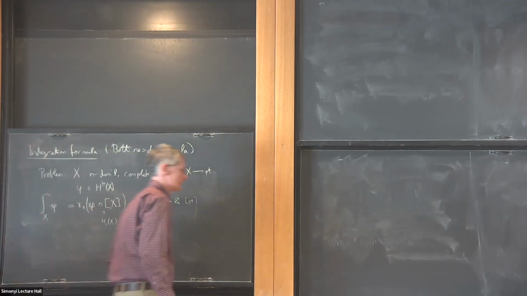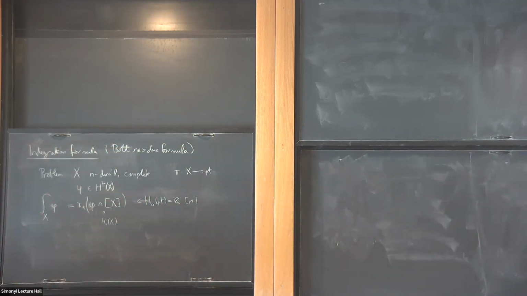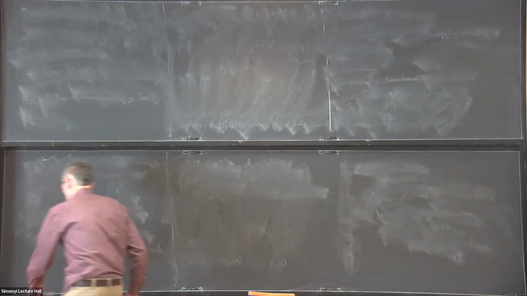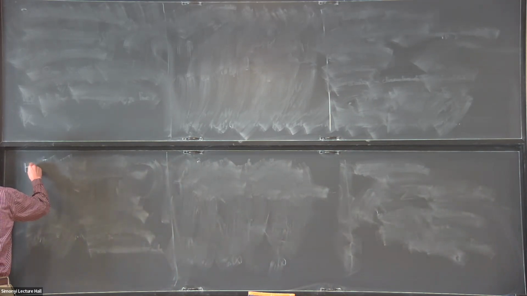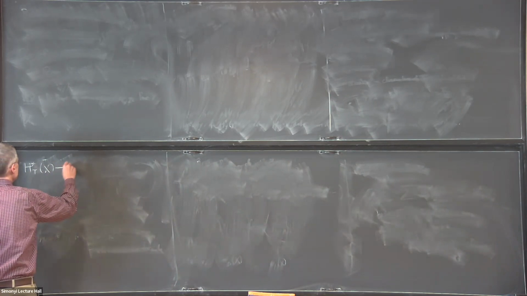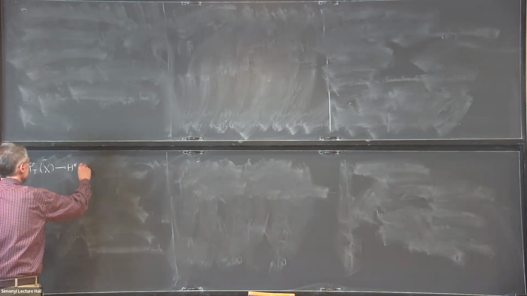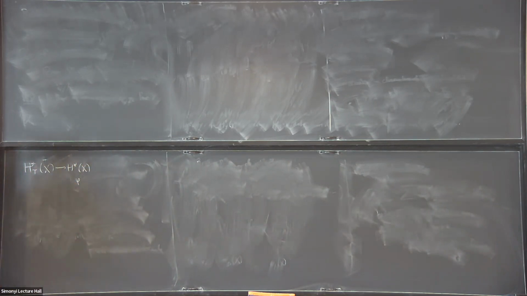Now, again, I said we have the forgetful map from H star T of X to H star of X, and we have phi sitting inside there.